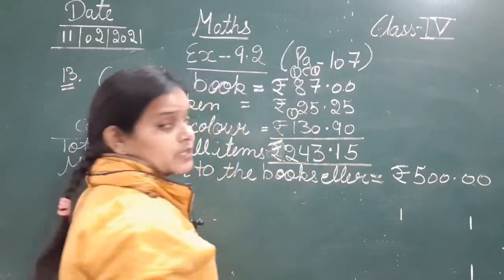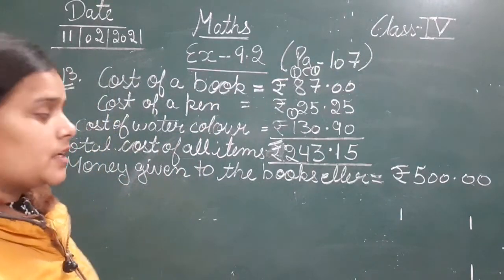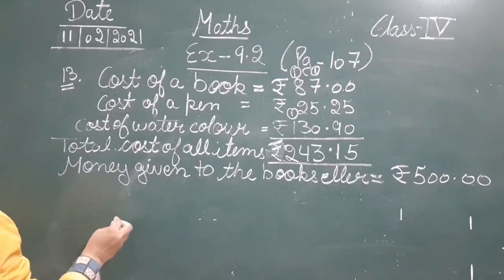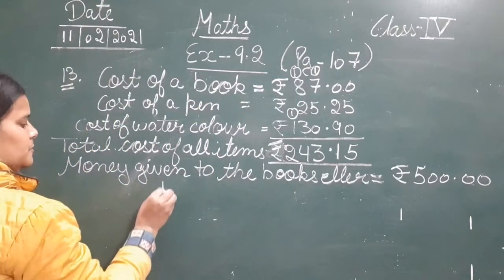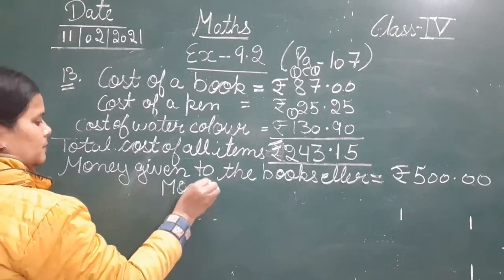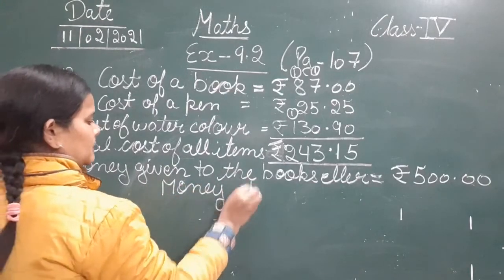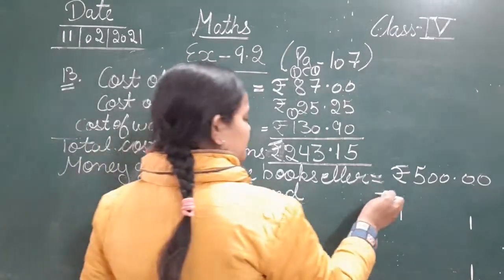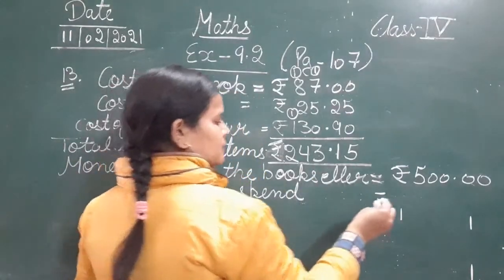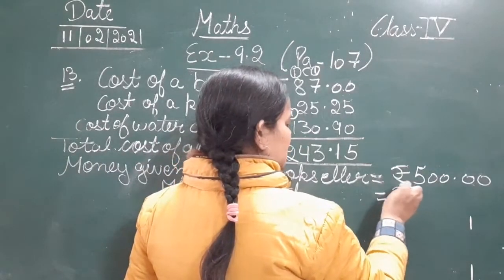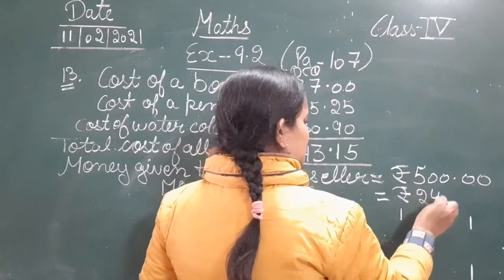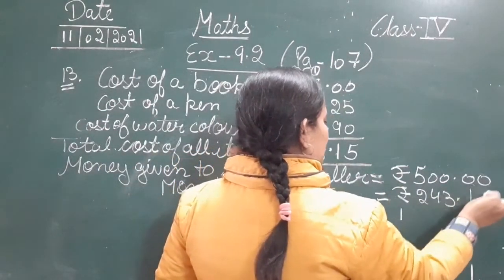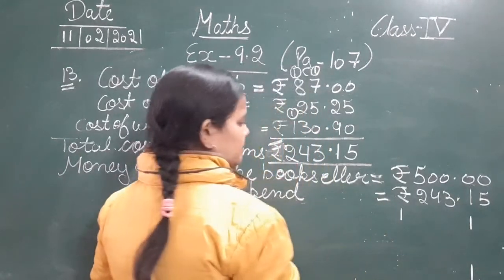Money spent is equal to 243 rupees and 15 paise.